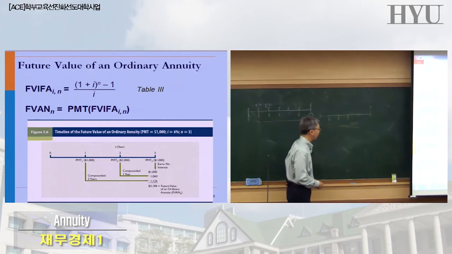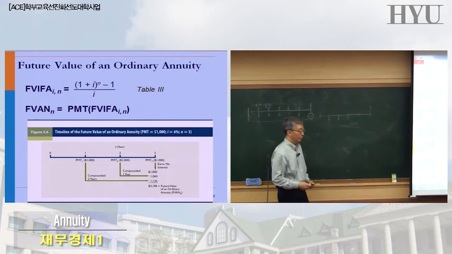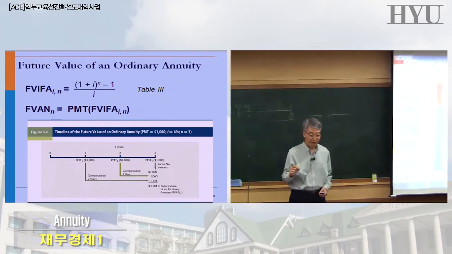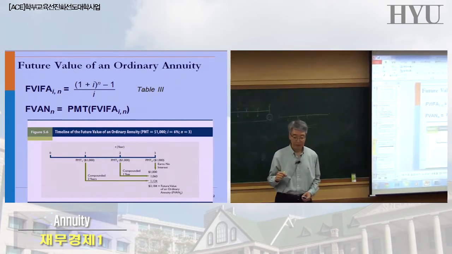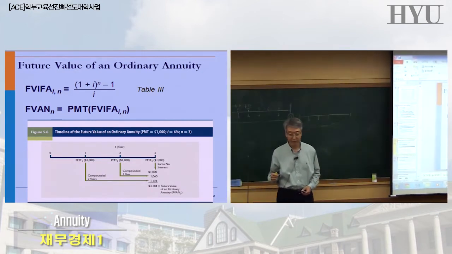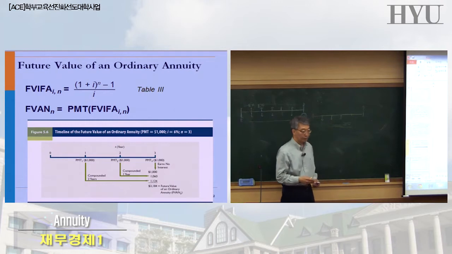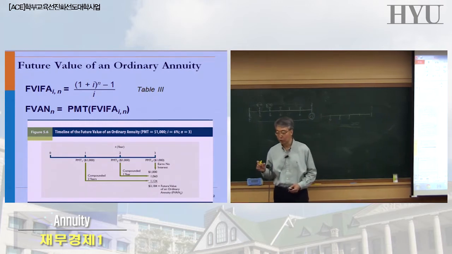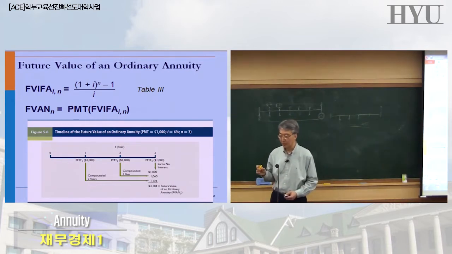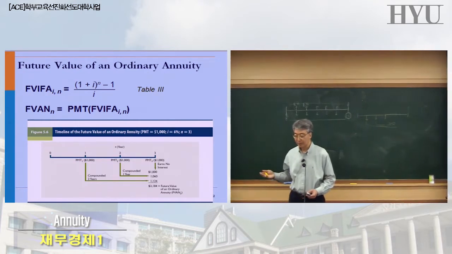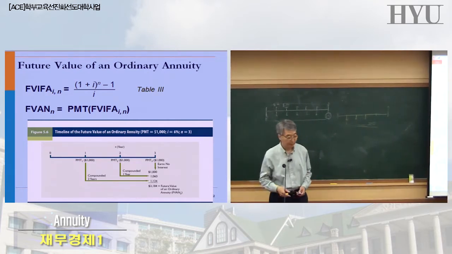So you are putting a certain amount of money, an equal amount of money, every period into your savings account. And by the time you withdraw, or maybe there is a maturity, a certain set number of periods, and at that time you can withdraw the whole amount. All right.